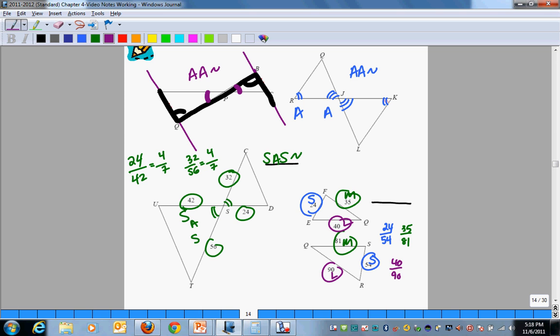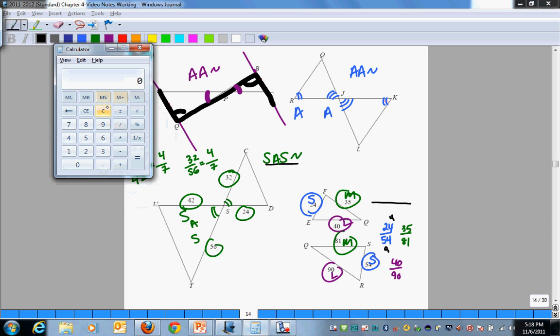So 24 to 54, 6 goes into 24 4 times, 6 goes into 54 9 times. And then here, the easiest way also, you could just divide.